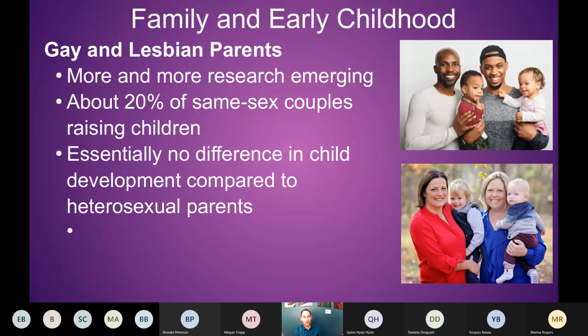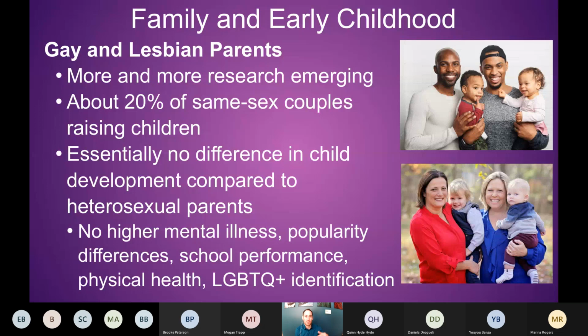The big key point that I want to make here is that there's essentially no difference in the children's development compared to heterosexual parents. So essentially no difference in mental illness probability, like higher or lower likelihood for mental illness, no popularity differences in like middle school or high school, like no higher or lower. School performance is still in the same range as children of heterosexual parents. Physical health, and there's also no increased or decreased probability of LGBTQ plus identification for those children.